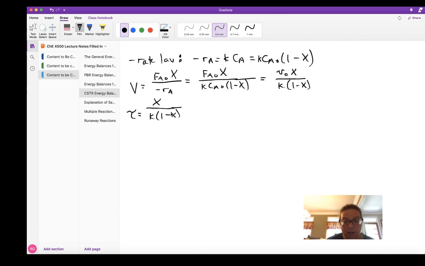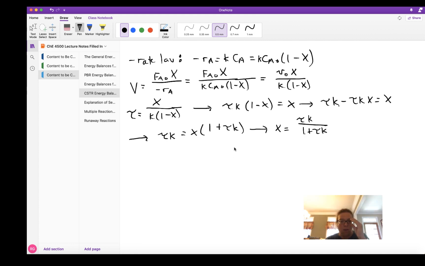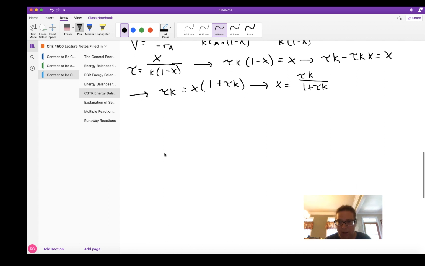And again, what I want to do is solve this equation in terms of X. So let's simplify this down. If I do this rearrangement, this is the equation I get for X. It's now in terms of tau and k. So that gives me my second equation, X_MB, because this is from the mole balance, equals tau k divided by 1 plus tau k.